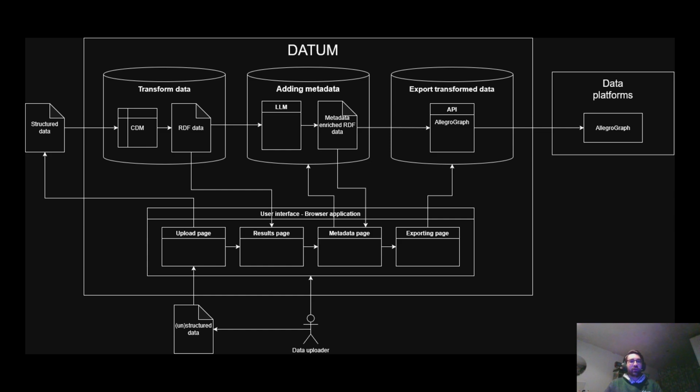So when that is done, you have the option to enrich the data with some metadata. The current plan is it's not yet implemented, but the plan is to use an LLM solution that will find the appropriate ontologies and vocabulary online and will add it to the data.